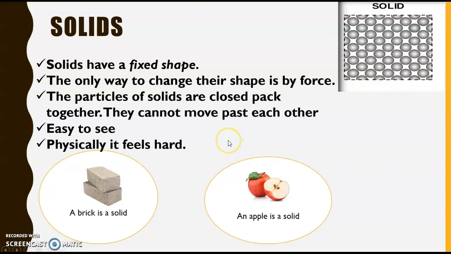Okay, you'll explore more about particles in grade 5 and moving forward, but this is all you need to be aware of. Now, most solids are easy to see, just like this apple over here, it's very easy to see.